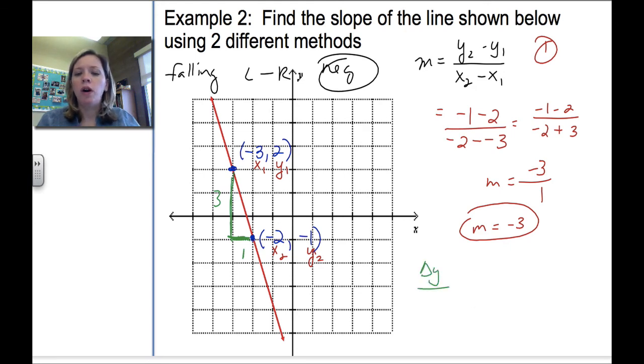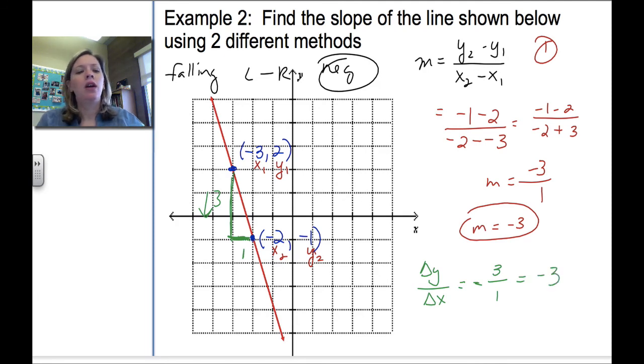So the change in y divided by the change in x is also 3 over 1. But here I have to use the fact that a line that falls from left to right is negative to include the fact that this slope is negative. The other way you could think about it is I'm going down 3 units. So the slope has to be negative.